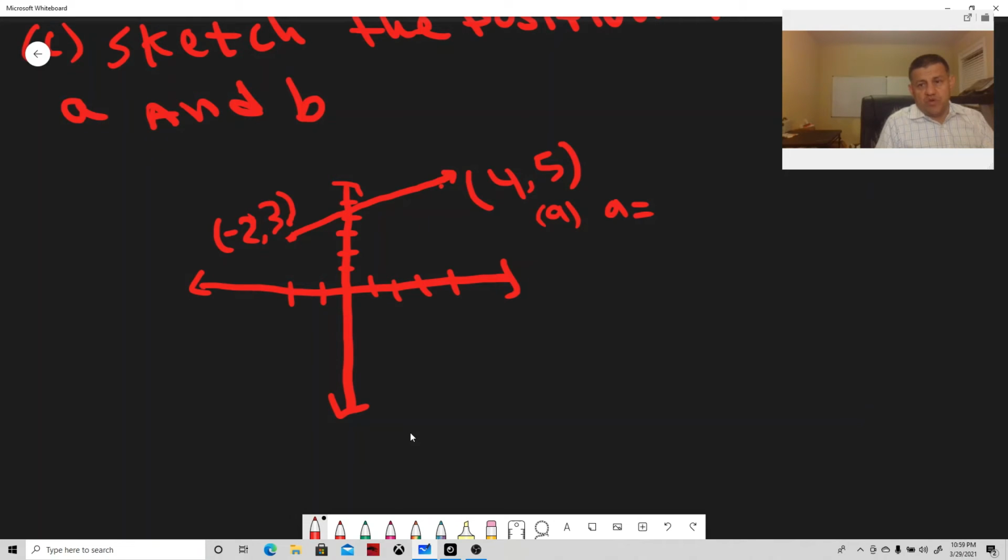Which is going to be x2 minus x1, comma, y2 minus y1, right?